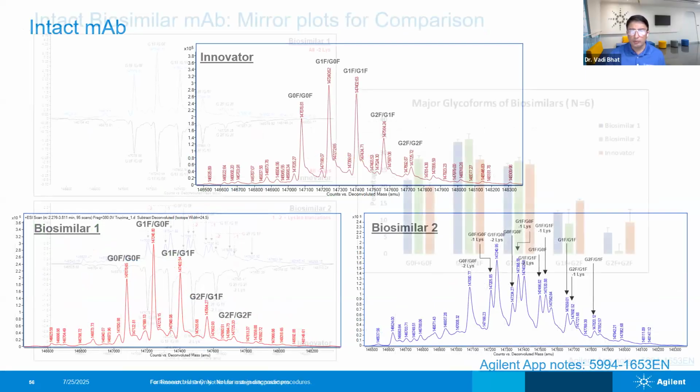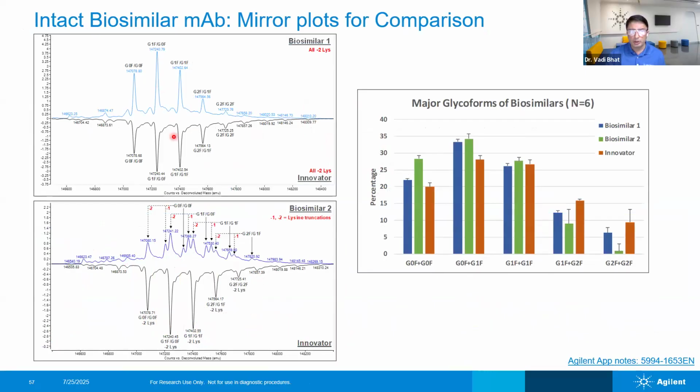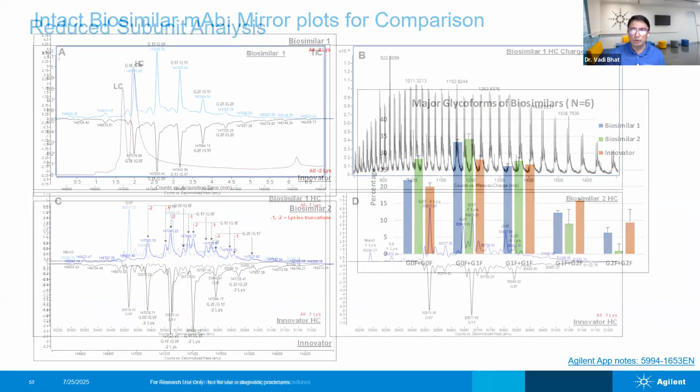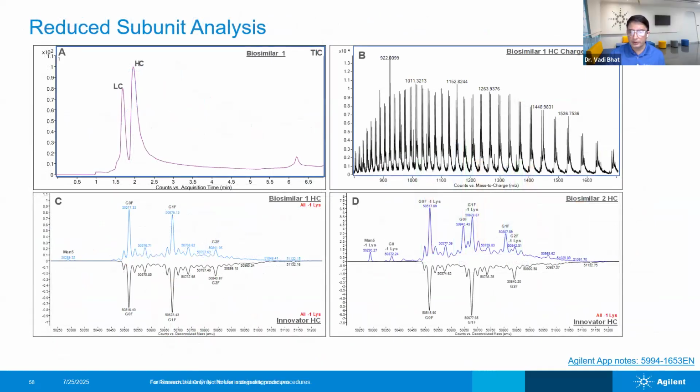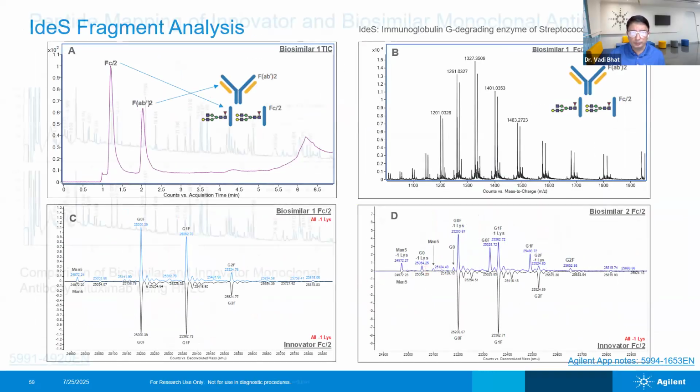Software is there nowadays to compare the biosimilars versus the innovator. These are called mirror plots, and the software automatically gives you the ratios and the relative quantitation of these various glycoforms. This one gives the reduced subunit analysis, the same way, light and heavy chain, and you can get the Fc and Fab regions.